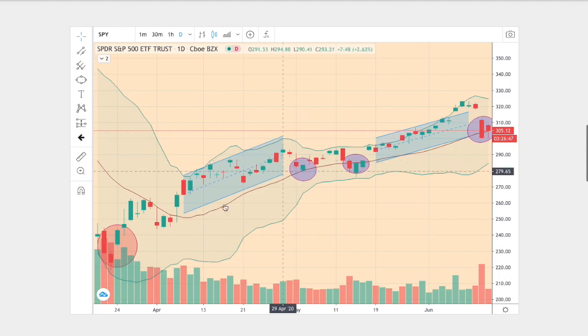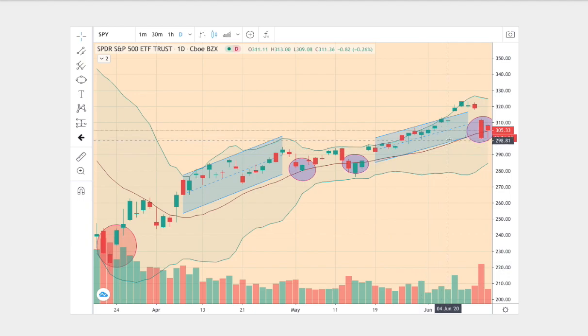On the current trend, we start off at the bottom Bollinger Band, we average above the middle Bollinger Band, and we revert back to the middle Bollinger Band, once more touch the middle band again, and then we average above the middle Bollinger Band, and then towards the very end, we revert back to the mean, or back to the middle band.